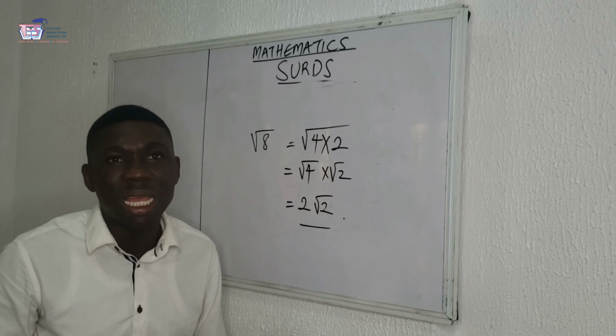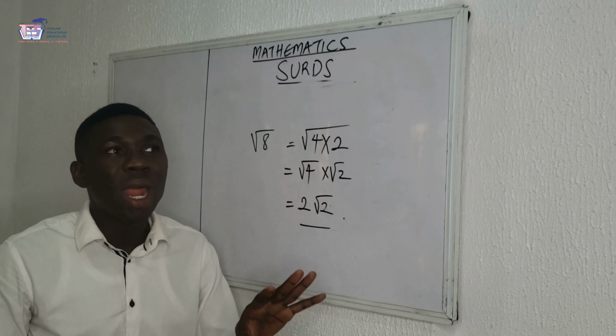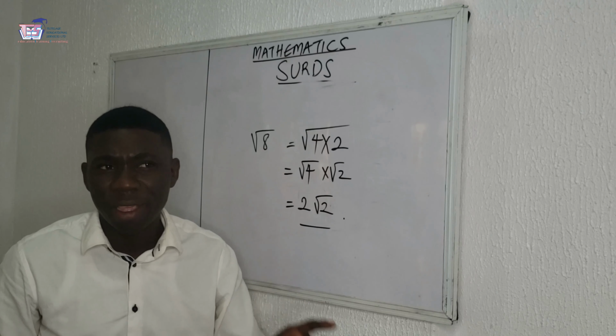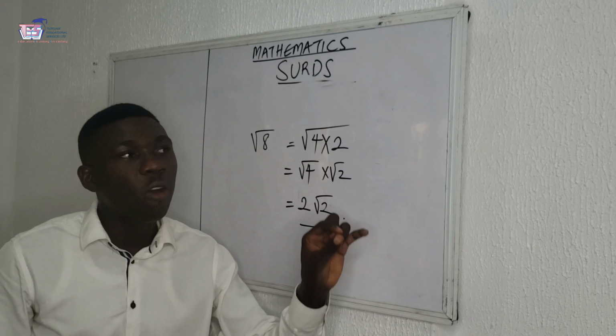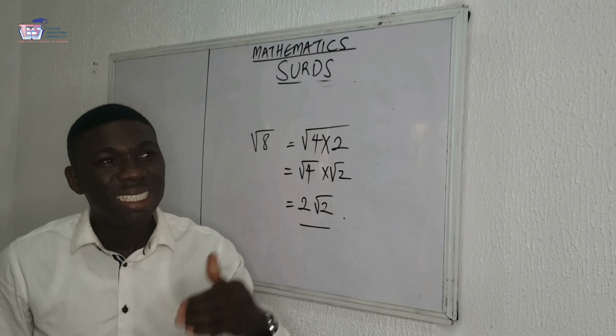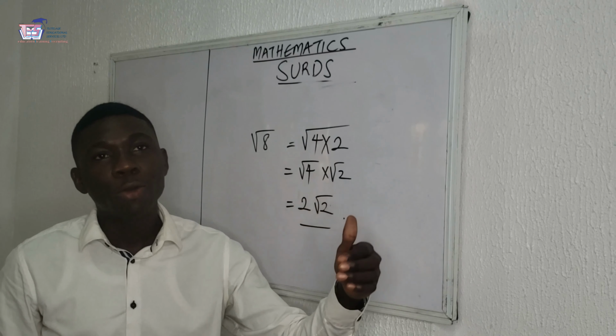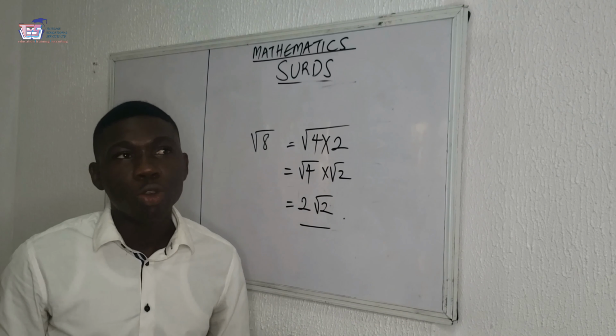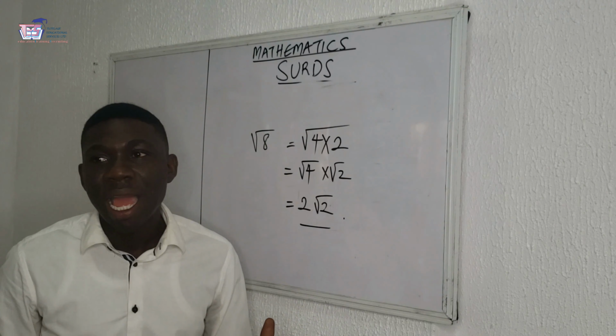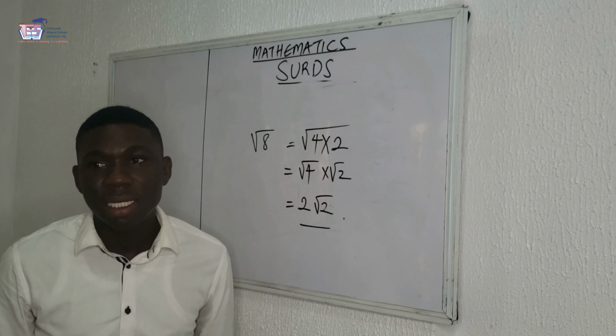So it is very important that we know how to write the root of a non-perfect square in surd form. Because if we cannot, then we cannot proceed to add surds, subtract, multiply, divide, and rationalize.